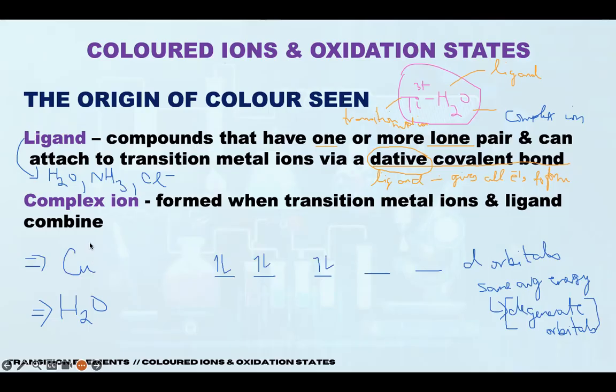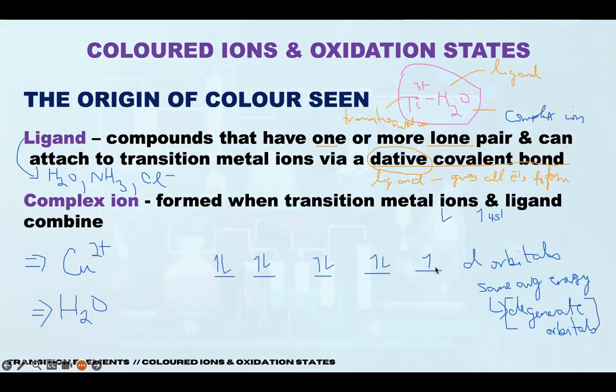Because it's Cu2+, what's going to happen is we're going to end up having one missing in this, because one would have already gone, as well as the one from the 4s. Your 4s1 electron would have been taken off, so that's gone.